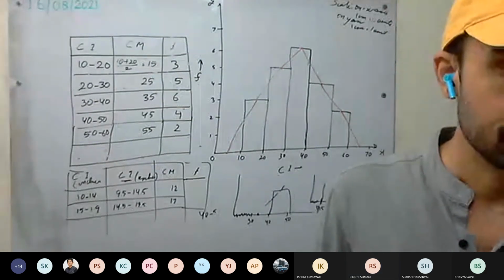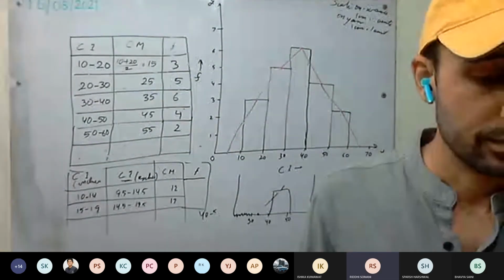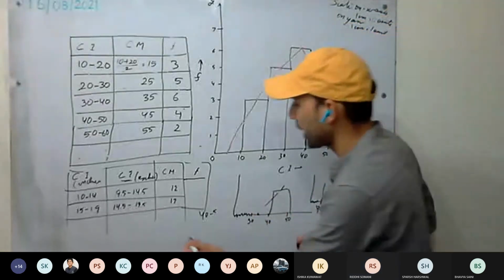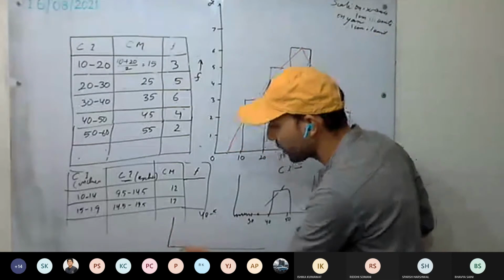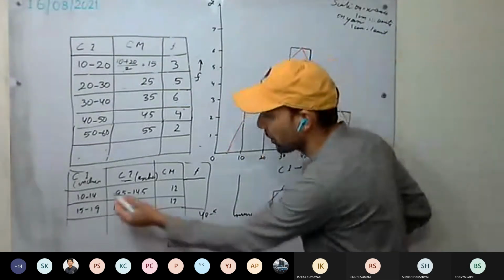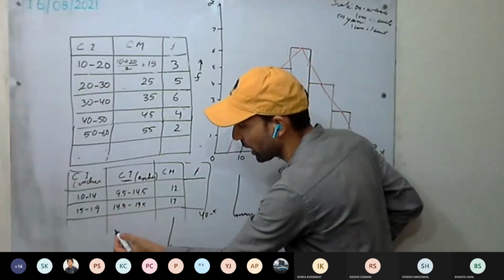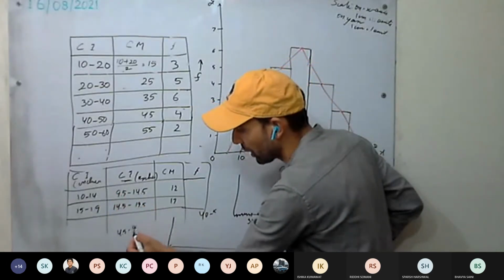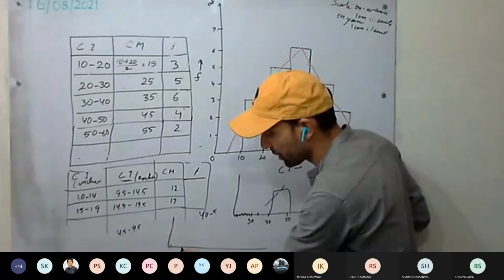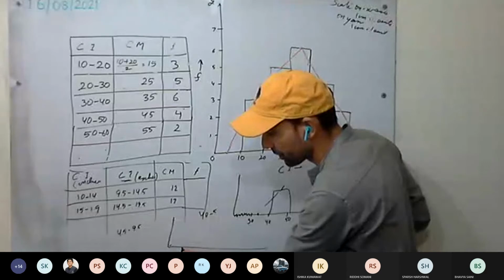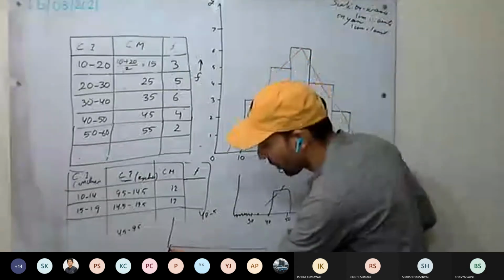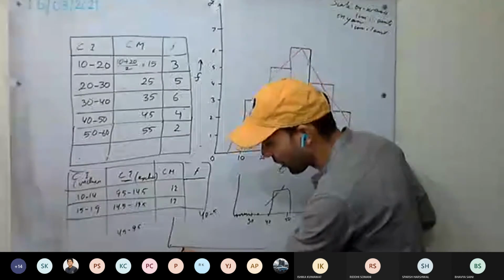So why have we drawn that kink in the very beginning? See here, why we have drawn the kink. We are compressing those lines. We need one more class, that is 4.5 to 9.5. So how are you going to mark 4.5? Either you have to take some scale.